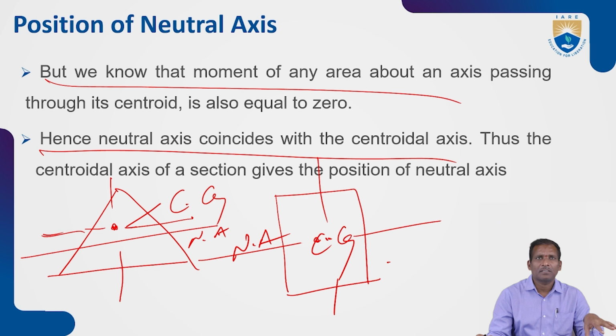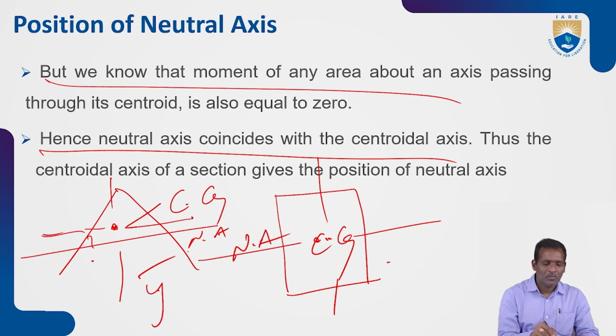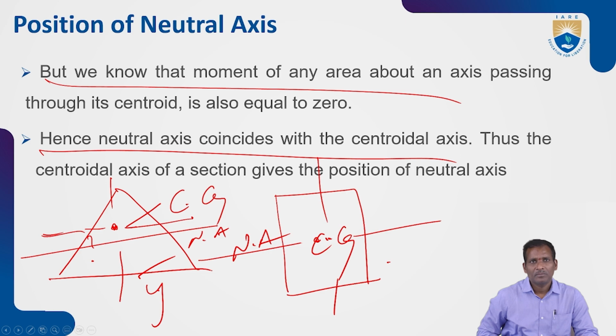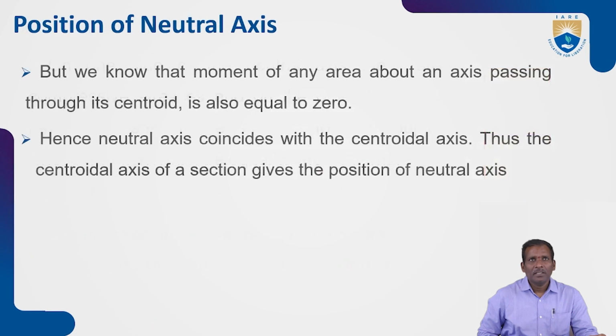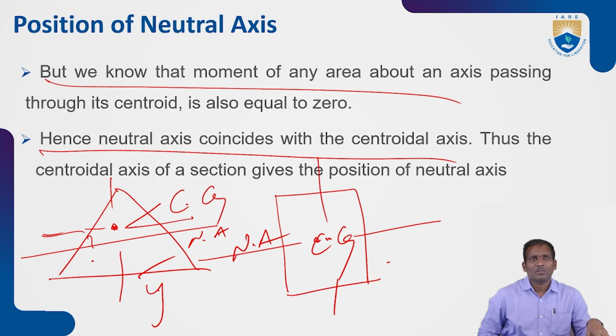In this case, the neutral axis coincides with the centroidal axis. The centroidal axis of a section gives the position of the neutral axis. How much distance the neutral axis is located from its center of gravity, that is y bar. Clear? So this is the answer related to the position of the neutral axis.